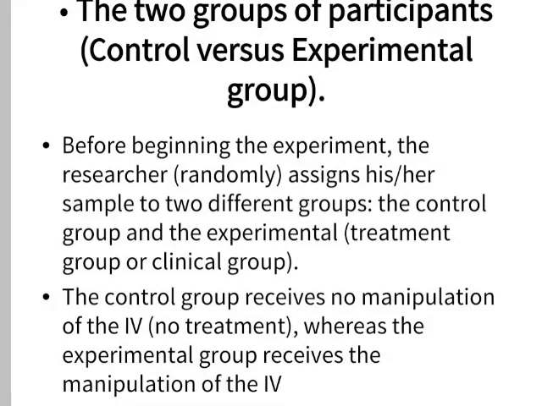In this type of research, in an experimental study, there are two groups of participants. One is the control group and the other is the experimental group. Before beginning the experiment, the researcher randomly assigns her sample to two different groups, the control group and experimental group. The experimental group is the treatment group to which you would give an experimental treatment. You would use your new technique for teaching.